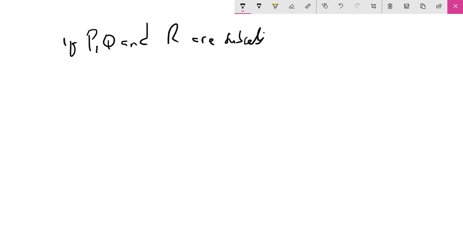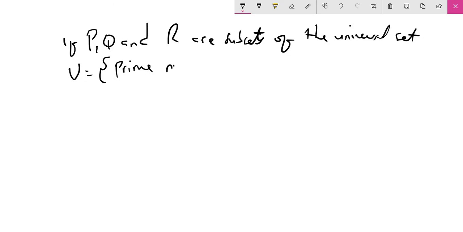Okay. Now we have, if P, Q, and R are subsets of the universal set U, which is equal to prime numbers less than 20.